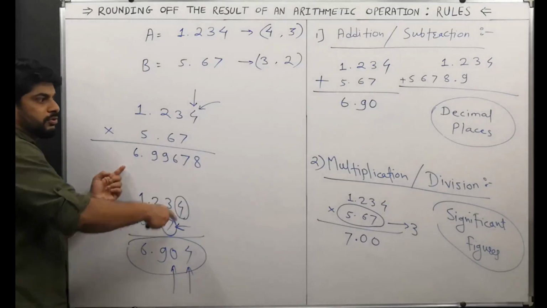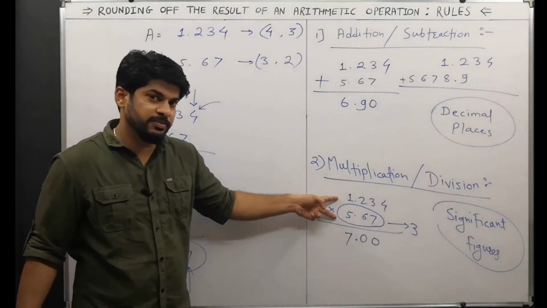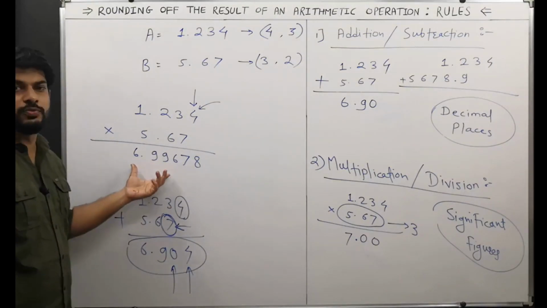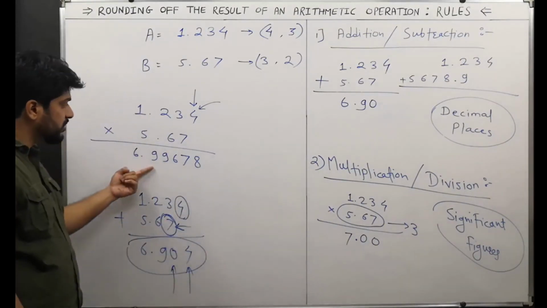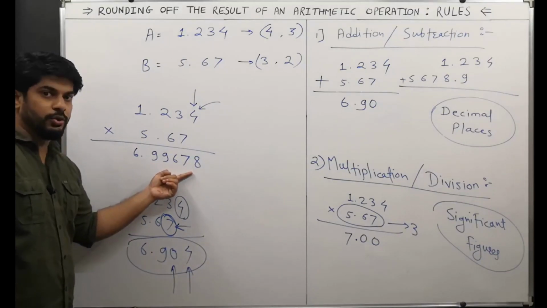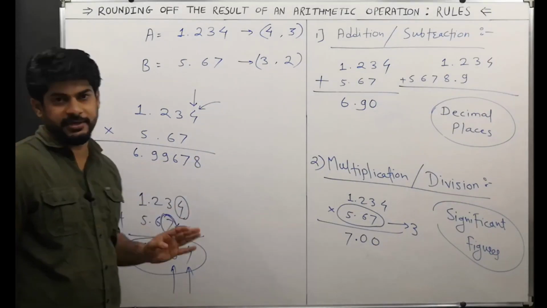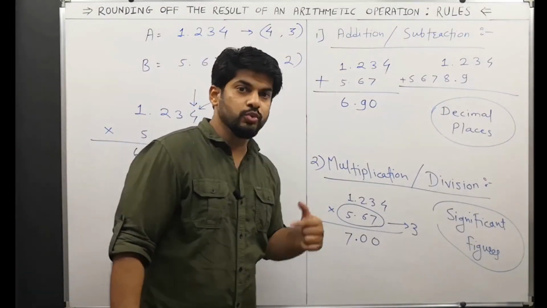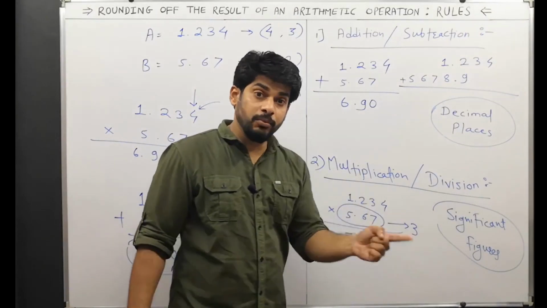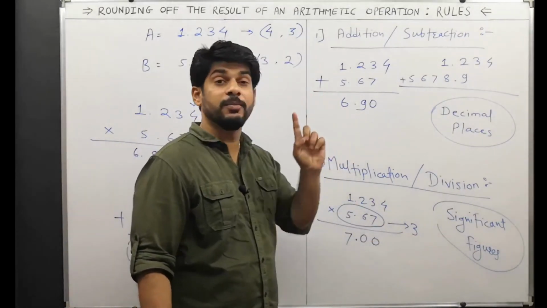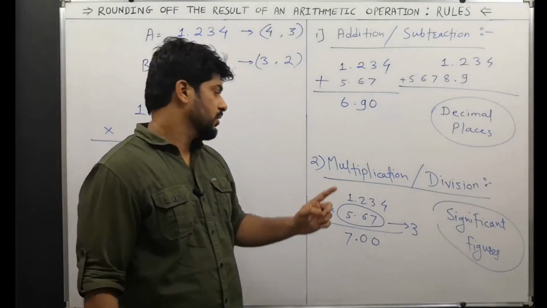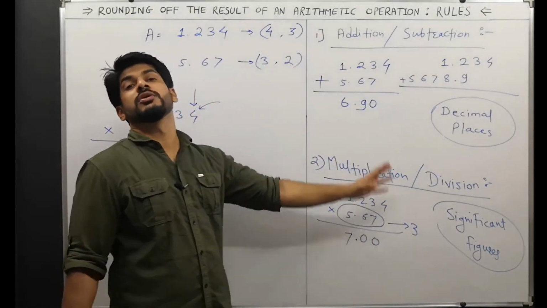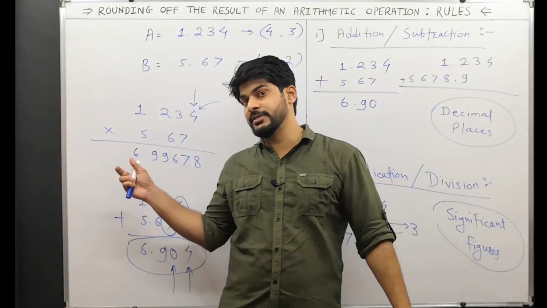They will give you these two numbers to multiply, and you will write this as an answer. Or in the case of a CET or JEE, they will give you this also in the options. Or maybe one digit dropped, something like that. So you might just click on this, and that will be wrong. You have to round up to the right number of significant figures, the right number of decimal places. That is the rule. So you have to be very careful, and for that you need to know these rules. Otherwise you will end up with the wrong answer.